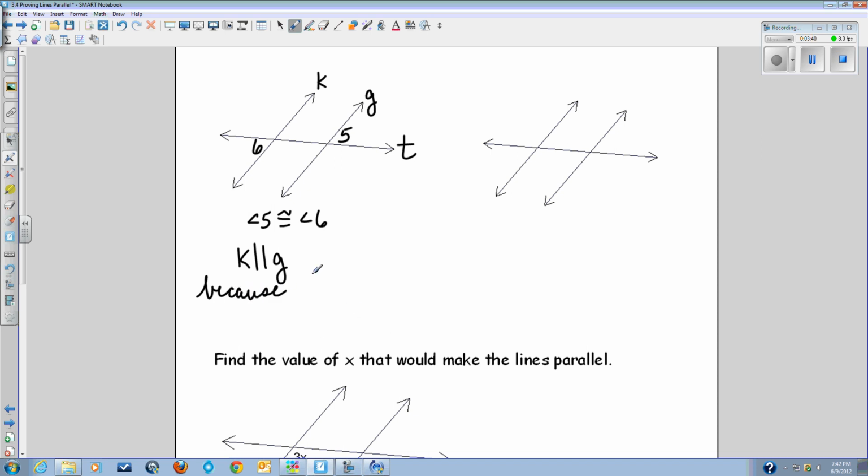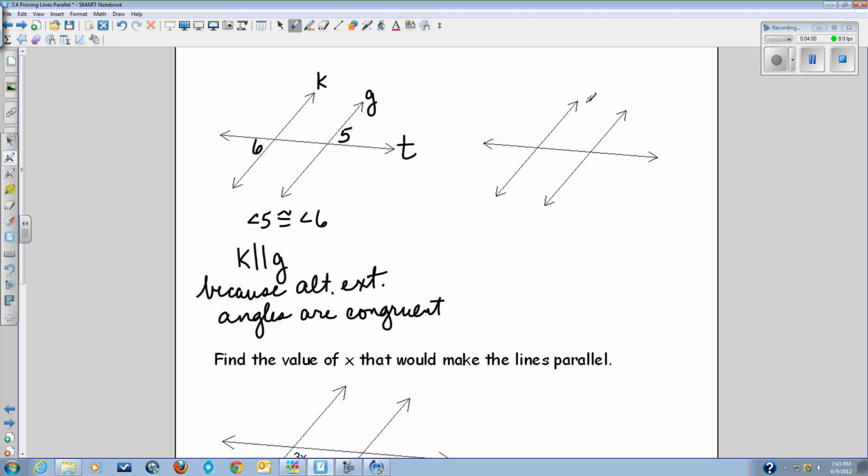Those are alternate exterior angles. So we're going to say K is parallel to G because alternate exterior angles are congruent. So we're illustrating each one of the properties listed.